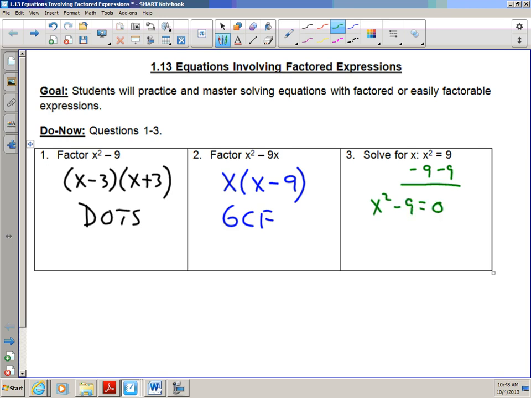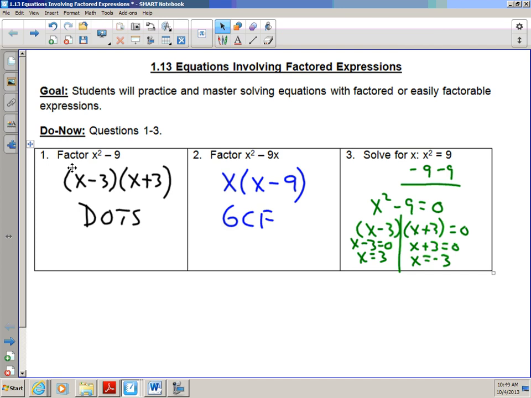Looking back to our first do now, we know we can factor x squared minus 9. As such, we would set each factor equal to 0 so that we arrive at our solutions of 3 and negative 3. Remember, whatever the highest exponent of the variable is, that is the number of solutions that we are expecting.